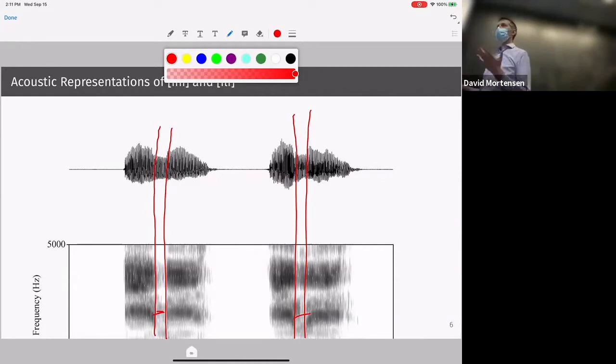So you should be careful, and both of them have these antiformants, and they have a lot of energy compared to other consonants. So if you look at the waveform, there's a lot of periodic energy there, but they have these sudden transitions where formants get dampened. In other words, antiformants.